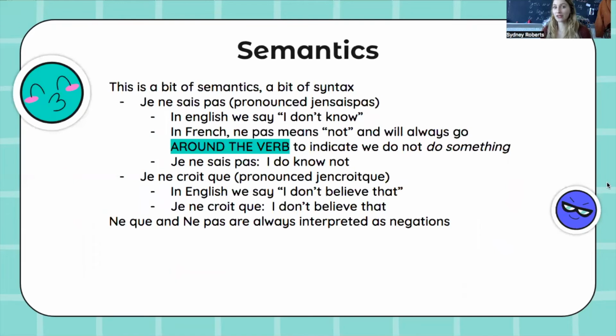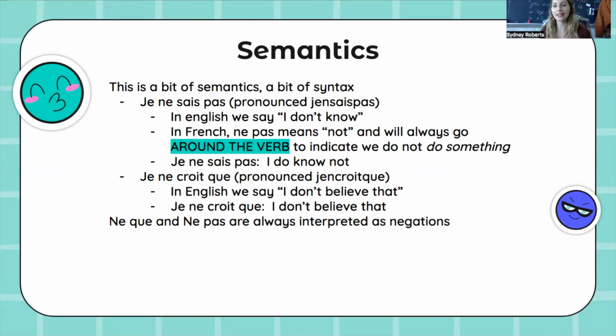Then we have semantics. An important part of semantics is how we negate things in French. So for example, je ne sais pas, usually pronounced je ne sais pas, kind of just putting it all together. And that translates directly to I don't know. A lot of times you hear that in French class. Je ne sais pas, I don't know. In French, ne pas means not.